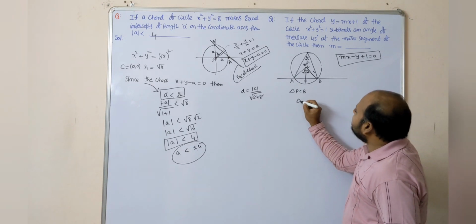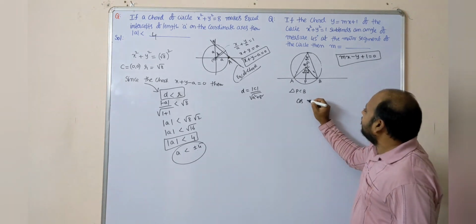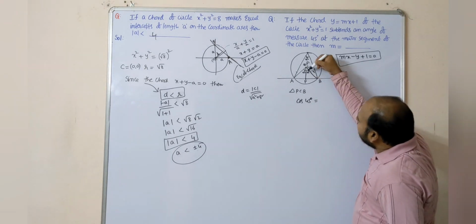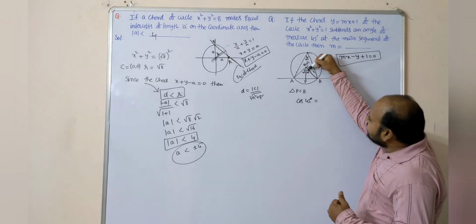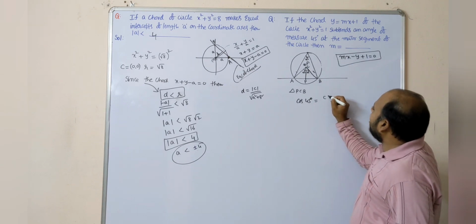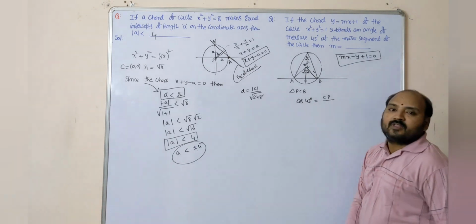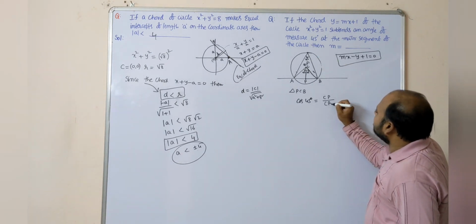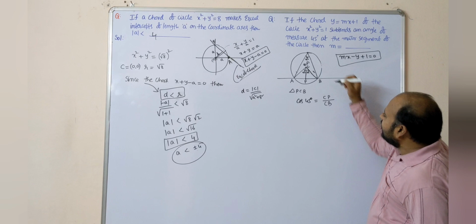From theta, I am taking the cos theta value. Why am I taking cos theta? Cos 45 degrees. This is the triangle. Whenever the angle is here, this is the adjacent side, this is the hypotenuse. So CP divided by CB. CB means radius only, CB value is 1.